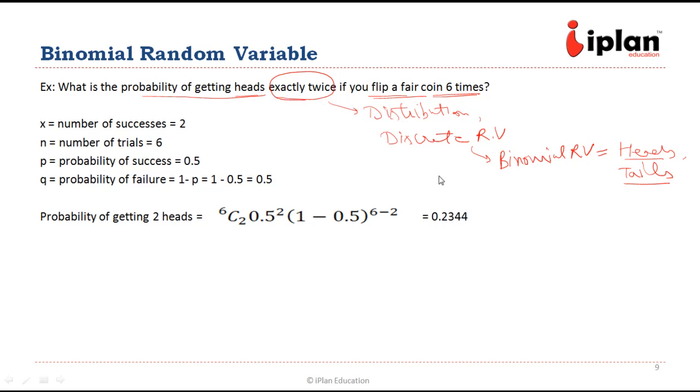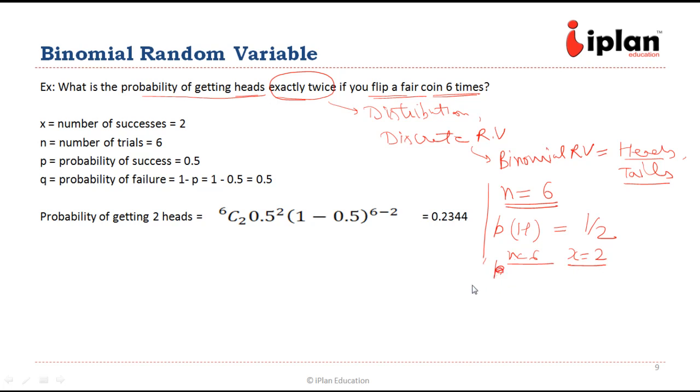So we are doing this experiment n number of times, or there are n trials, which are 6. We are doing 6 trials. Probability of getting heads in one single experiment is 1 by 2. We want to know what is the probability of getting heads 2 times out of 6. So we know n is 6 and x is 2.